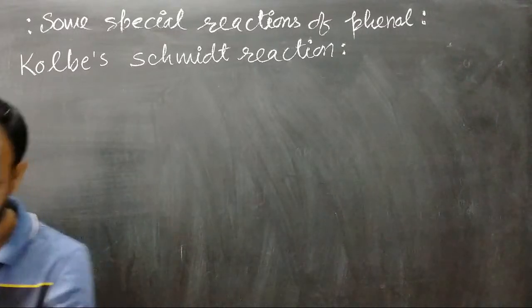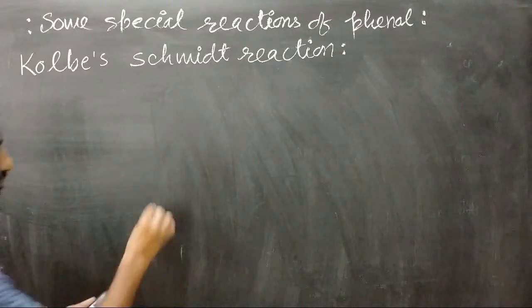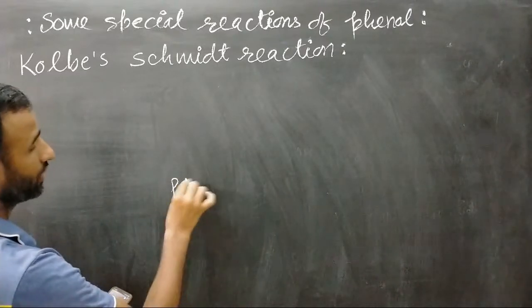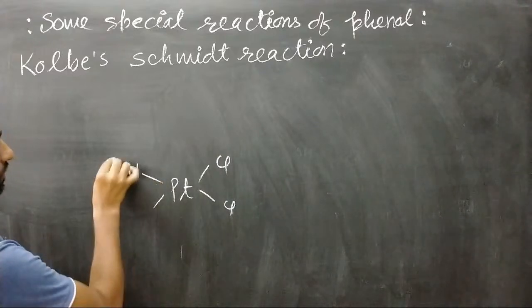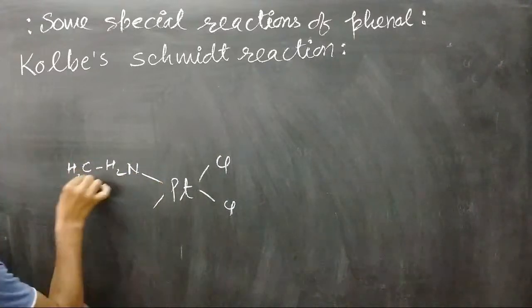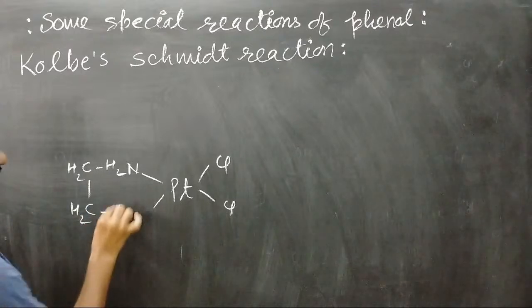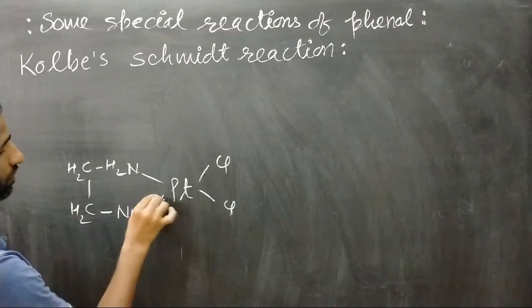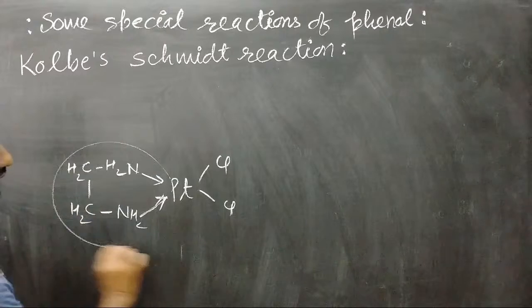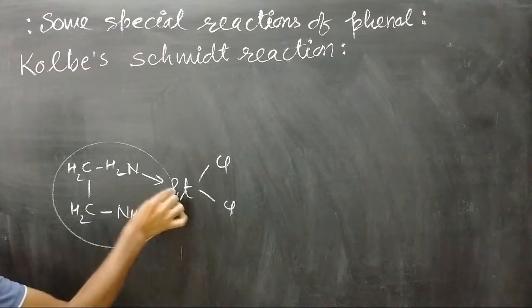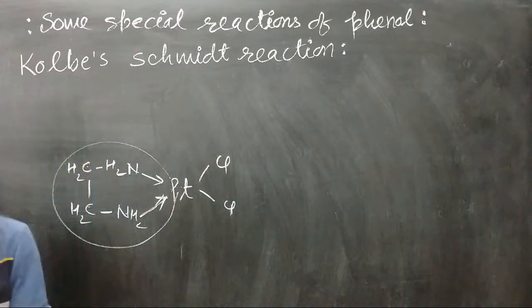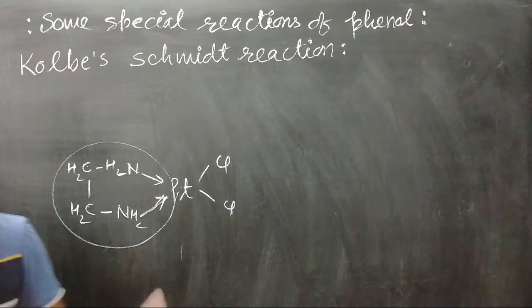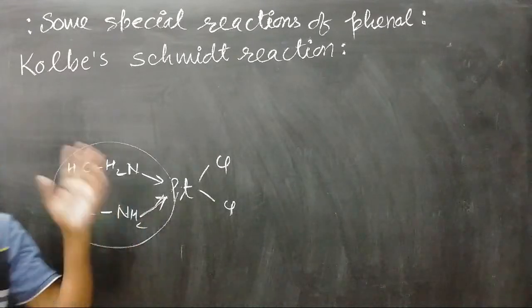Yes, Sahil, you are right. Say in Pt(en)Cl2 it is like this. So this is a ring type structure formed with platinum. 1, 2, 3, 4, 5, right? 5 or 6-membered rings are formed. So that is called chelation. Okay? It is a didentate ligand.